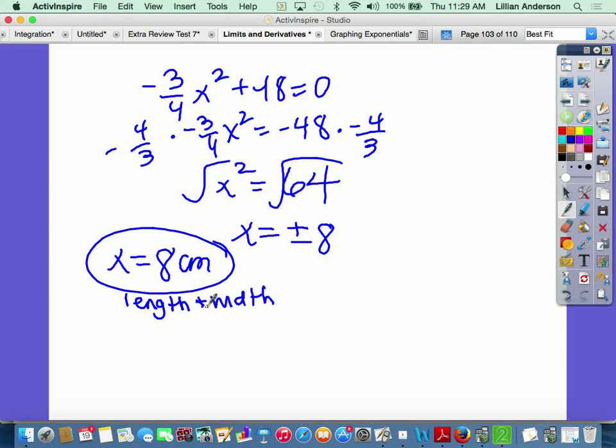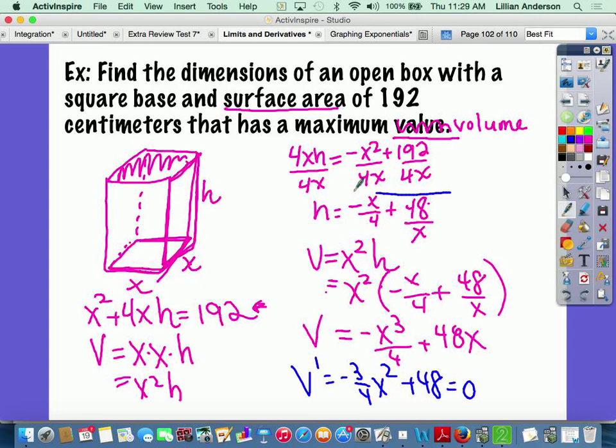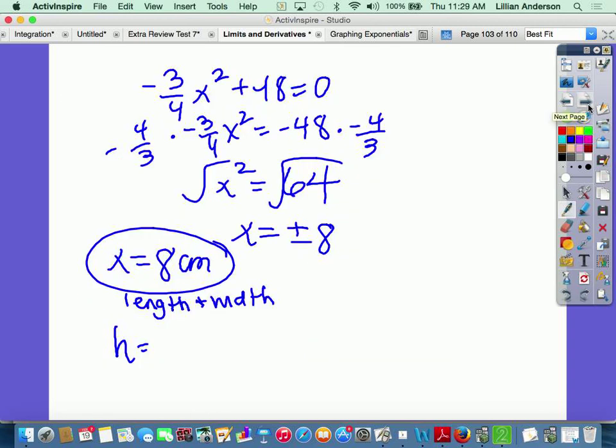All right? Now to find my height, remember, height was this formula right here. So all I have to do is plug in. So that's negative x over 4 plus 48 over x, which was a positive 8, sorry.